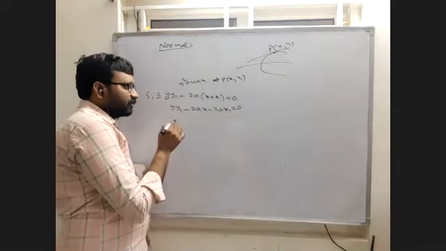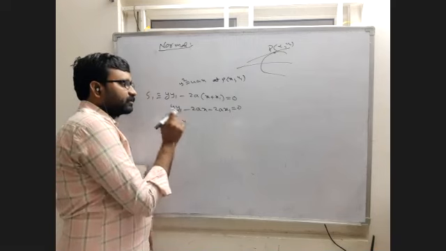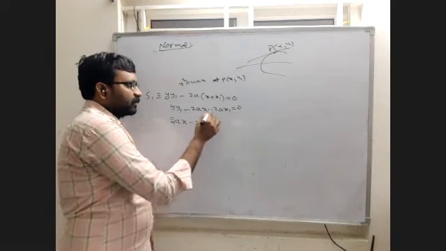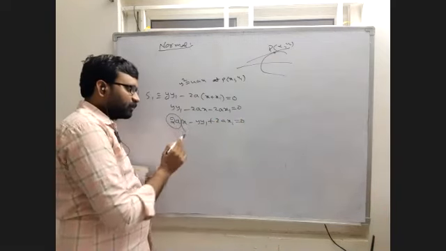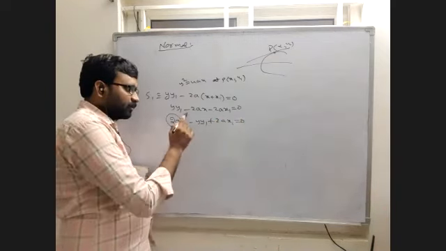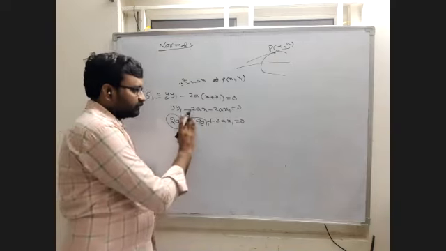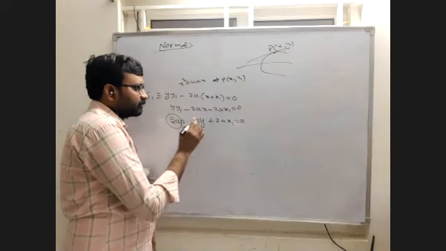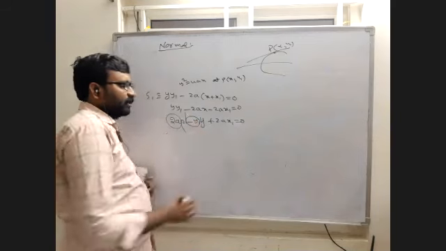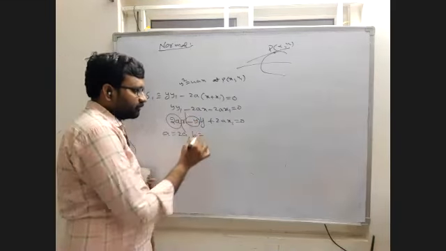If you take minus common, this will be 2ax minus y1 y plus 2ax1 is equal to 0. This is the x coefficient a, and this is the y coefficient b. So a is equal to 2a, b is equal to minus y1.